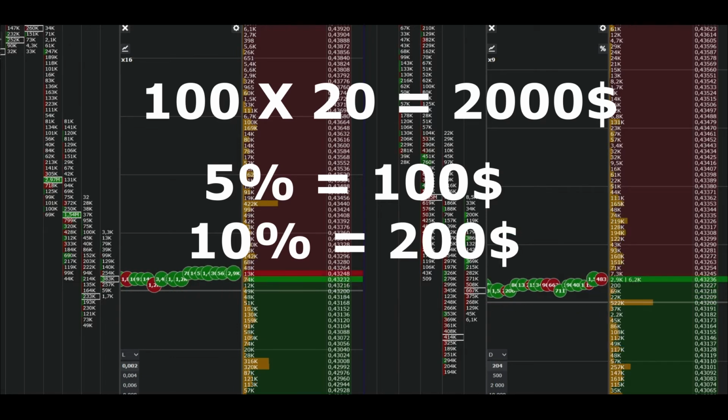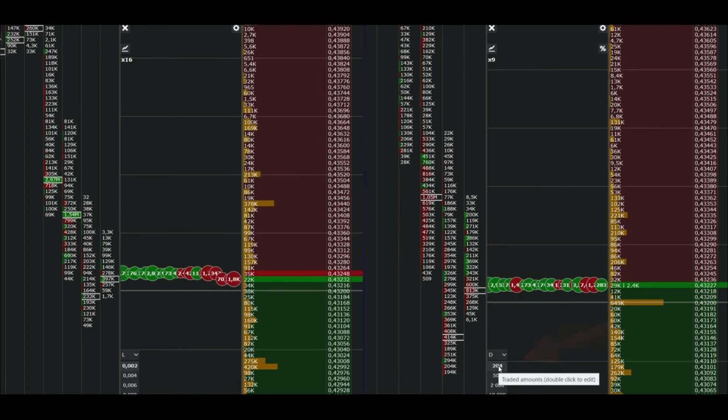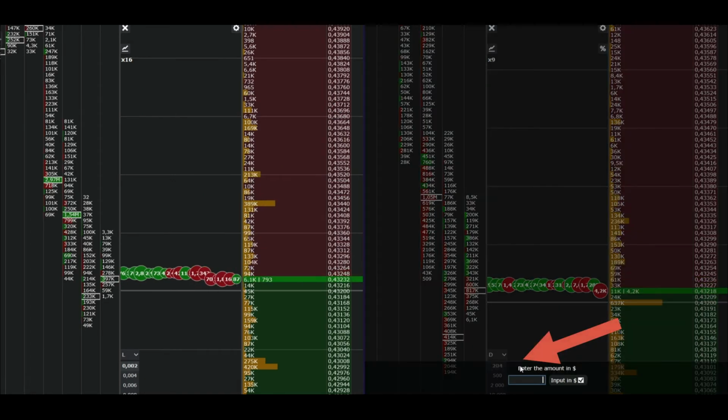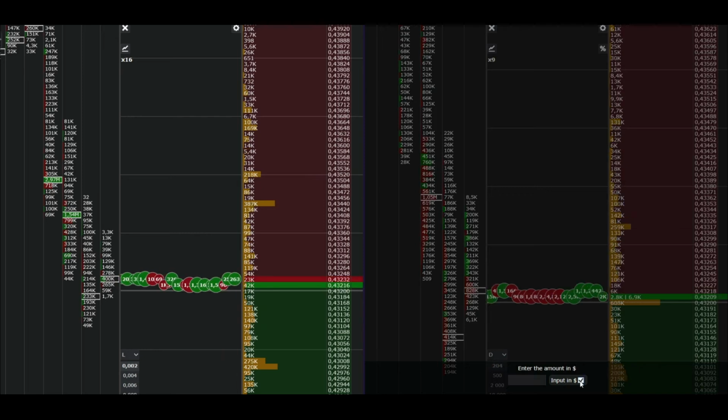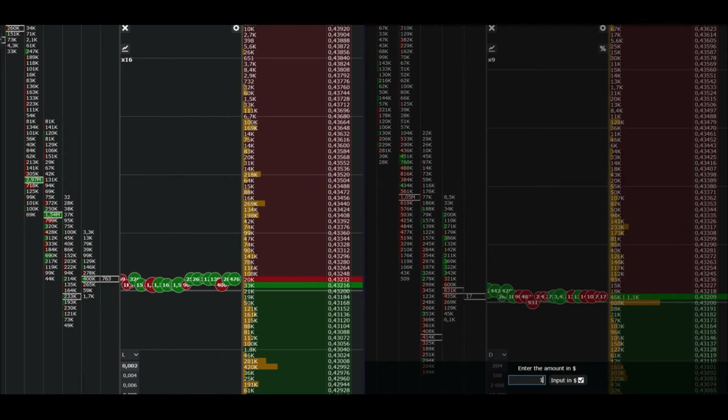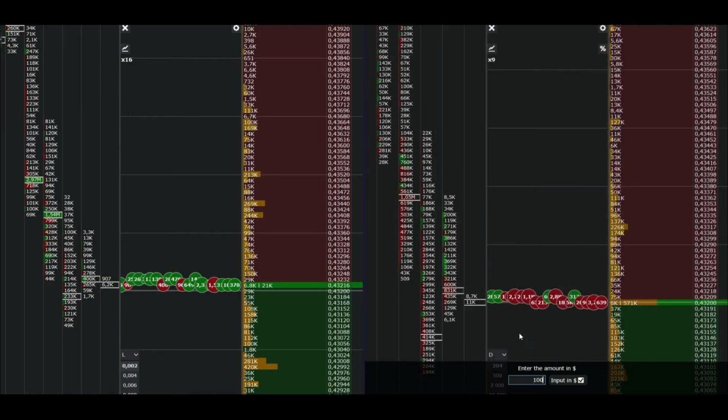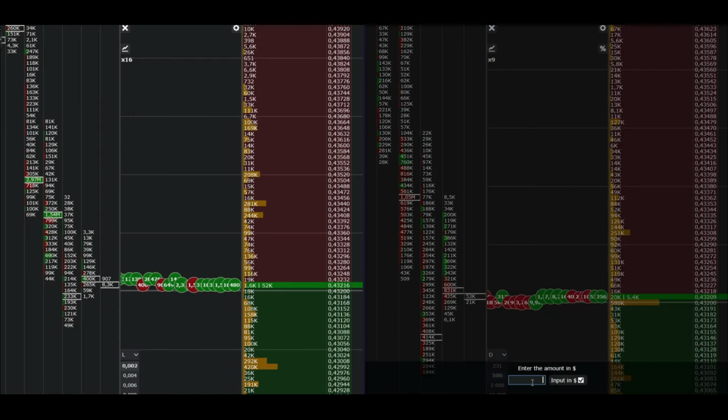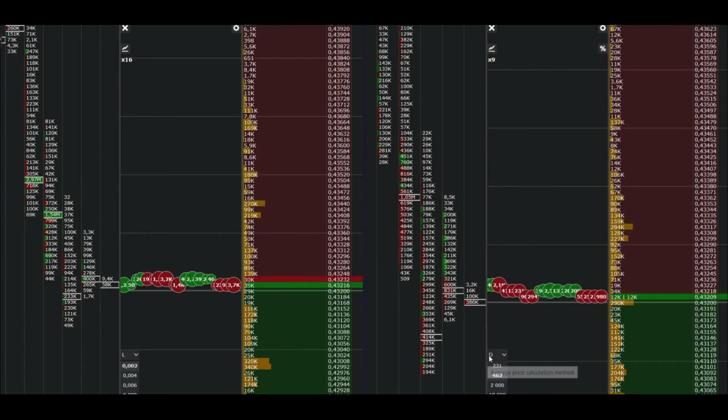That is your trading amount. Here in the futures order book we switch to dollars and set the amount in dollars that we have just defined. The corresponding amount in lots will be visible here.